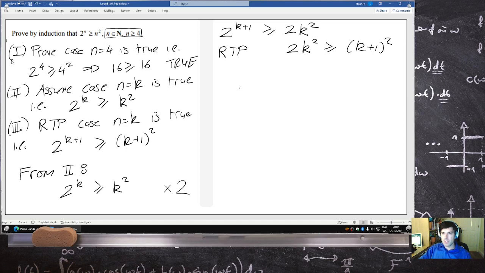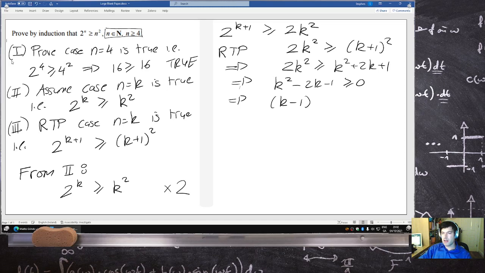So let's see if we can do that. Is 2 times k squared greater than or equal to k plus 1 squared? Well, let's expand. That's k squared plus 2k plus 1. That means k squared, if I take everything to the left, k squared minus 2k minus 1, is that greater than or equal to 0?